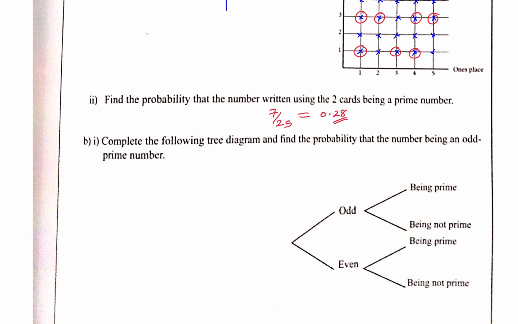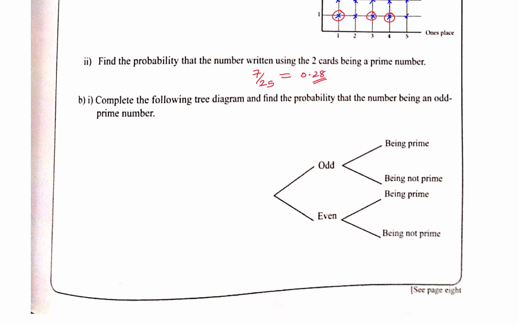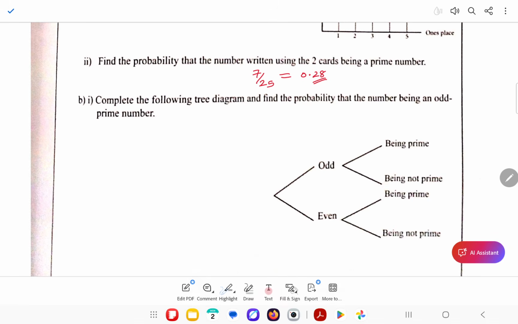Complete the following tree diagram and find the probability that number be an odd prime number. So let's first complete this.